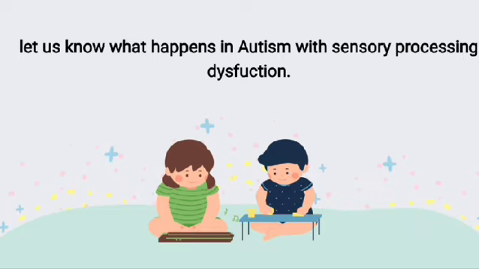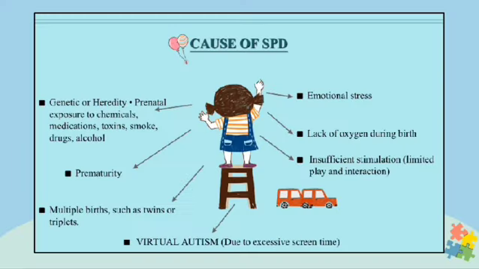Let us know what happens in autism and sensory processing dysfunction. I'll share these two links with you, and you should also see what is happening with autism in children who have sensory processing difficulties. Causes of SPD could be genetic, premature deliveries, multiple births, emotional stress during pregnancy, lack of oxygen during birth, insufficient stimulation, or limited play or interaction.